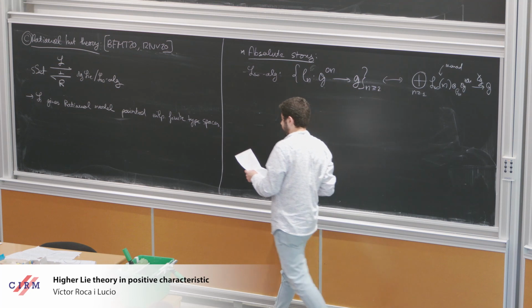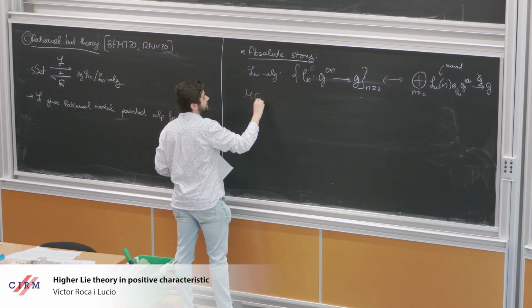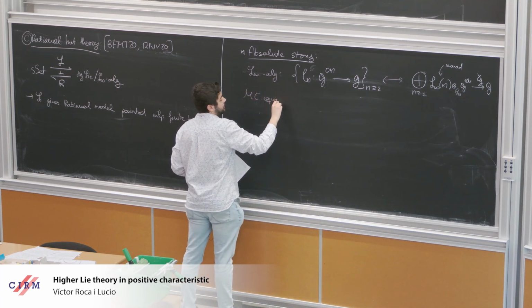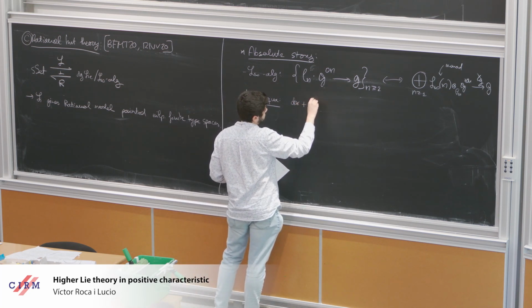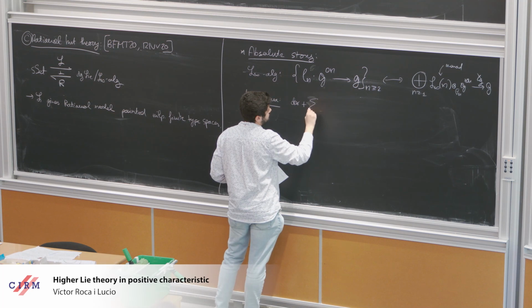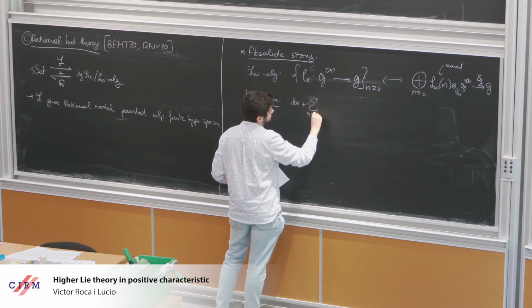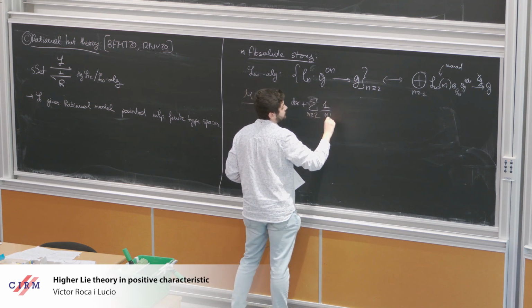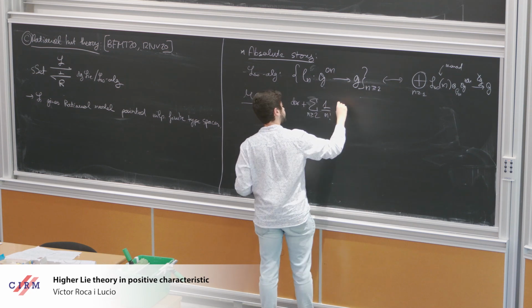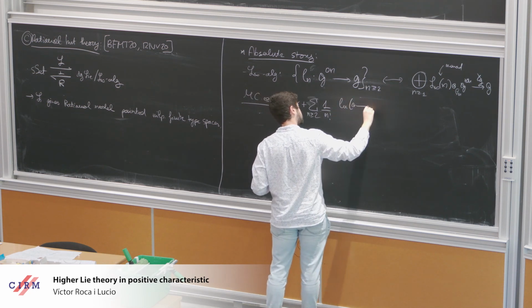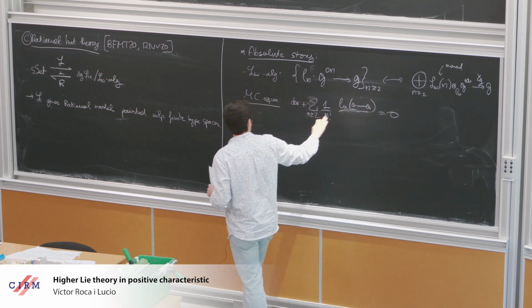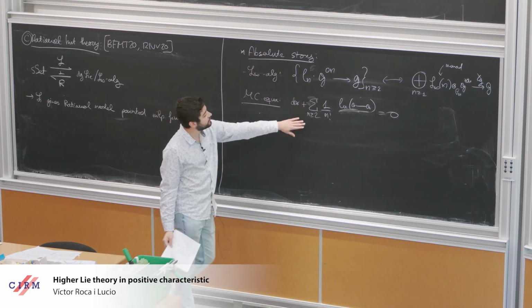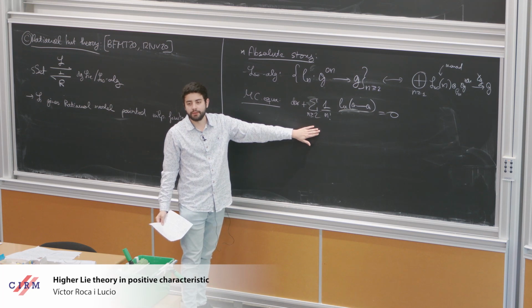And now let me make more precise what I meant. In this context, the Maurer-Cartan equation is given as follows. So you see there is an infinite sum of operations appearing naturally.